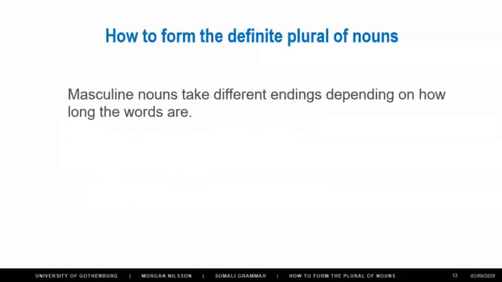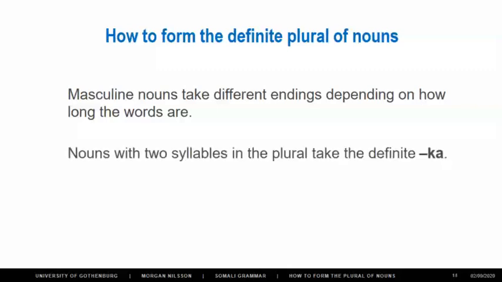Then the masculine nouns are slightly more complicated. Here we also have to take into consideration how long the plural form is, how many syllables the plural form contains. So the masculine nouns fall into two groups. One group are masculine nouns with a plural form with two syllables.